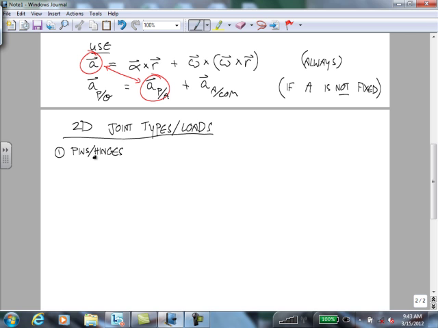The joint then applies to each adjacent body a full force vector. And so the number of variables that this joint introduces in 2D is 2.